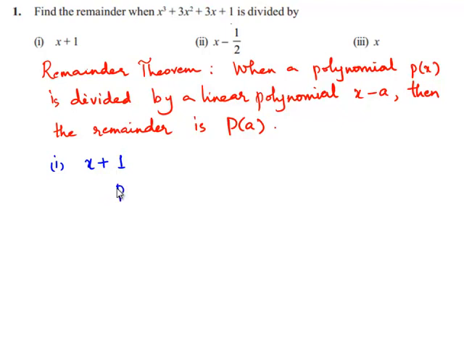So I assume p of x is equal to the given polynomial, which is x cube plus 3x square plus 3x plus 1. By the remainder theorem, we can say that p of minus 1 is the remainder.